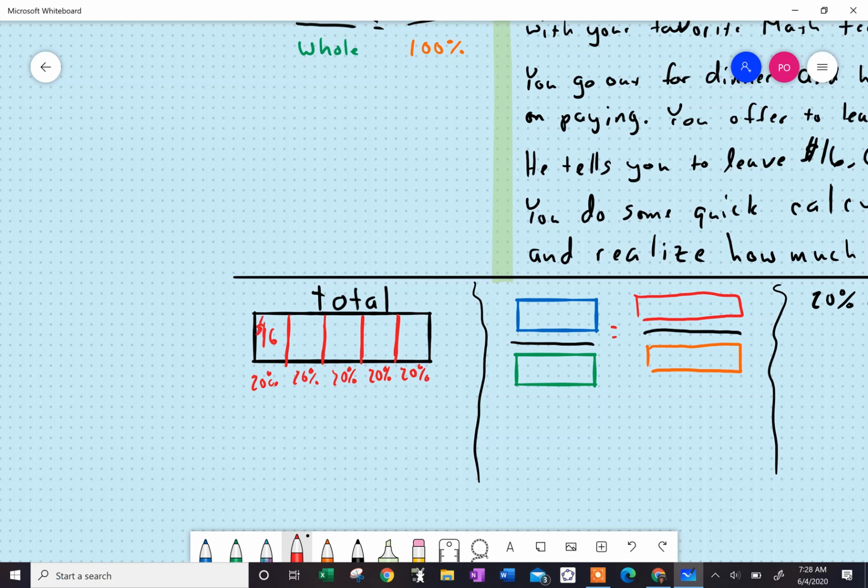If you'll notice, these are all 20%, so these are all $16. So all I did was break this bar into 100% by using 20s. So I need 5 groups of 20, which means I have 5 groups of 16. 5 times 16 is $80. And that's the first way I'm going to do it.